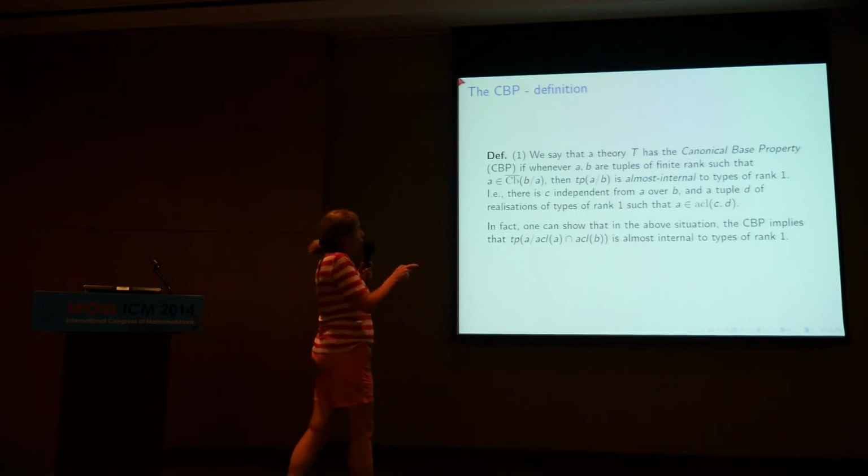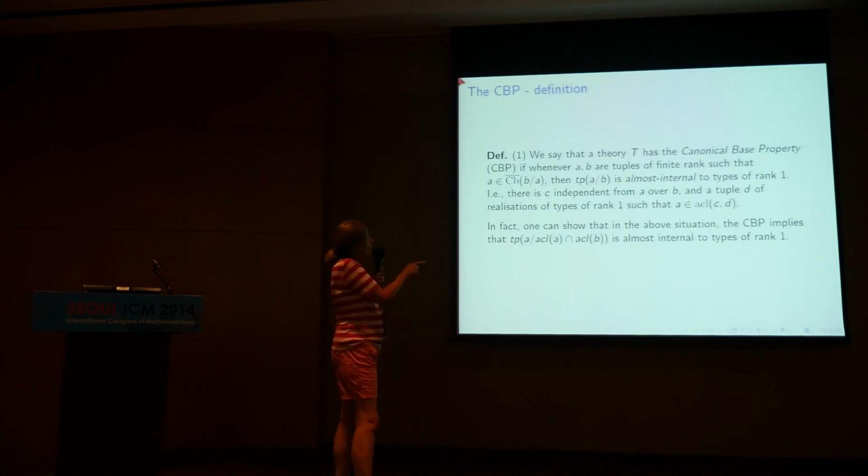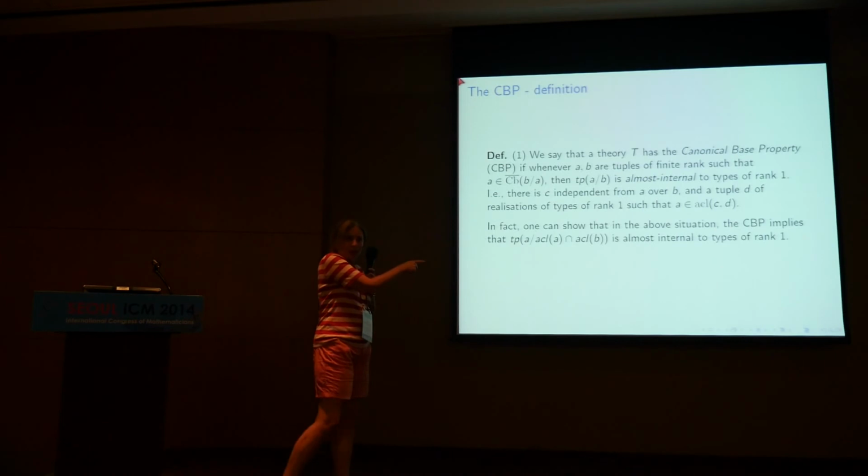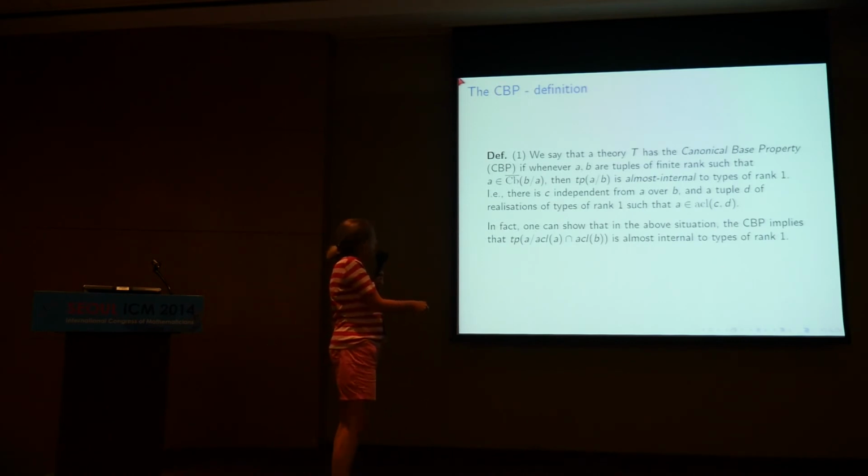One can actually show slightly more: not only the type of A over B, but also the intersection of the algebraic closures of A and B gives a type that is internal too.